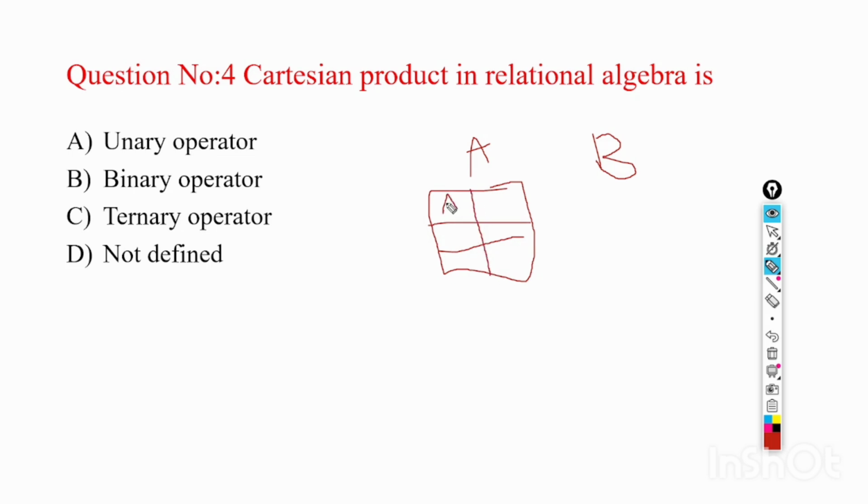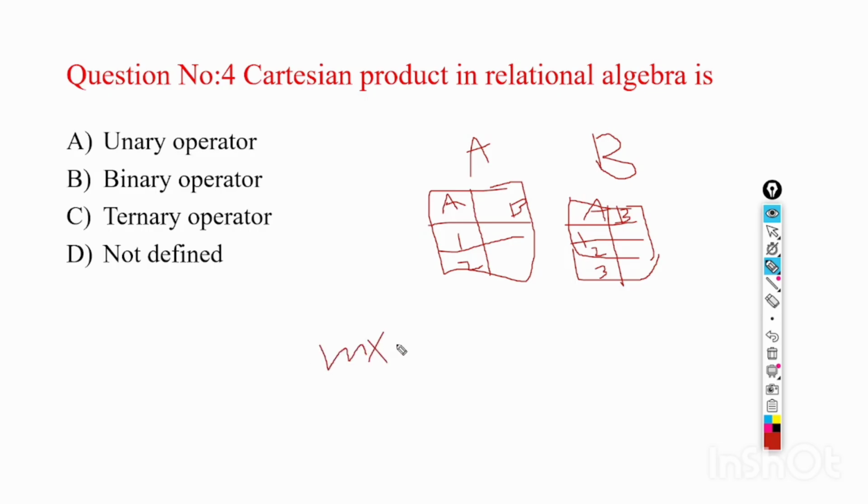There are two tables, table A and table B. In table A there are two rows, with columns A and B.